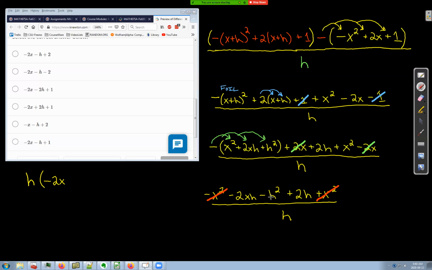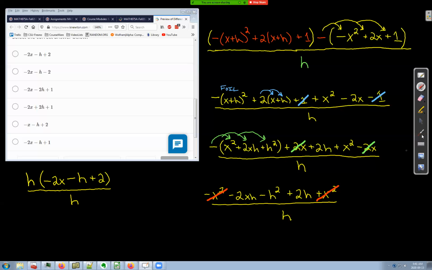And then a minus h squared, but I factored out one of the h's, so the h squared just turns into an h to the first. And then plus 2, because the 2h just turns into a 2 if you factor the h out. And then don't forget that we're dividing by h.